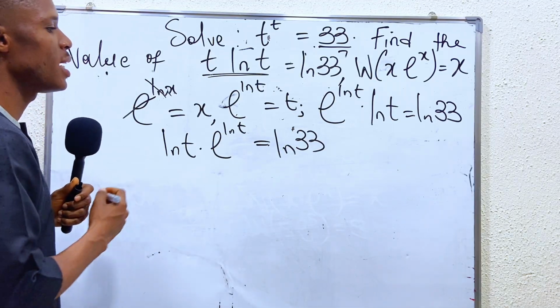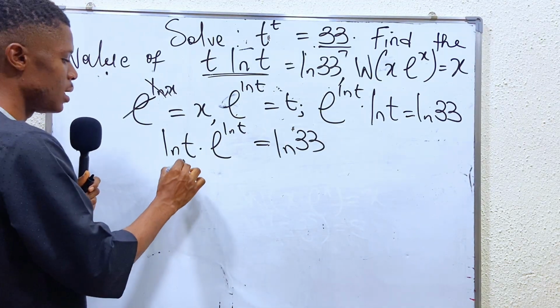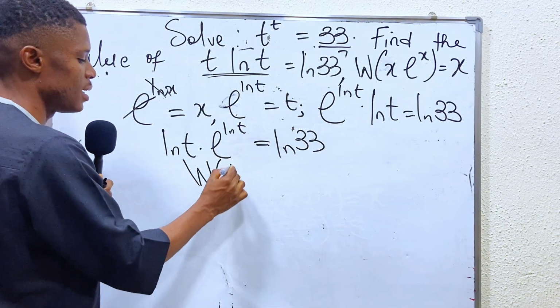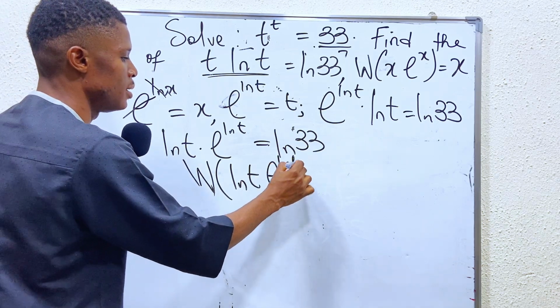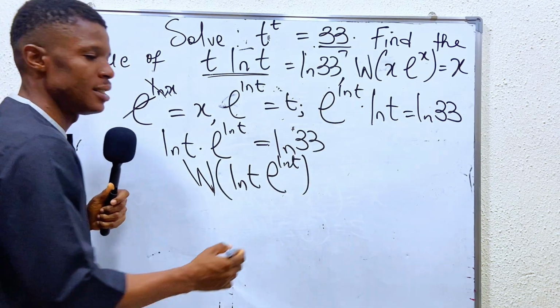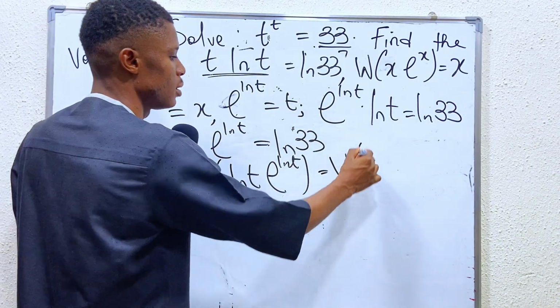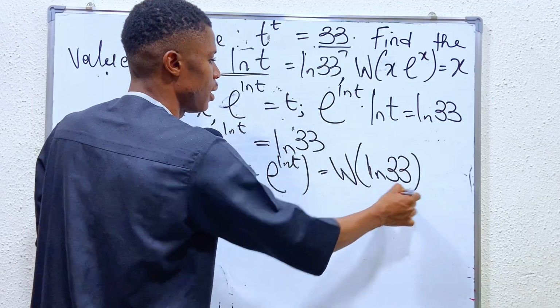Okay, so let's apply the Lambert W function. We have W of ln t times exponential ln t, and this is equal to W, the Lambert function, of ln 33.